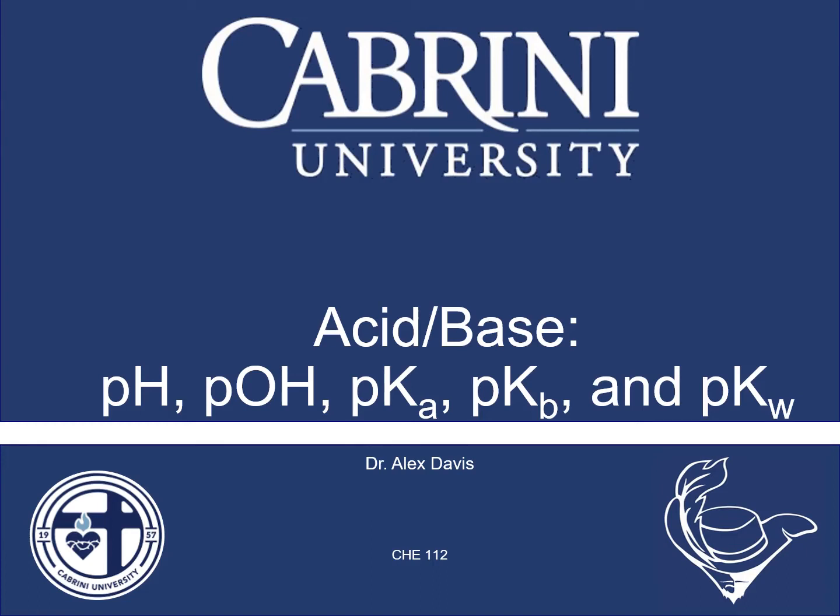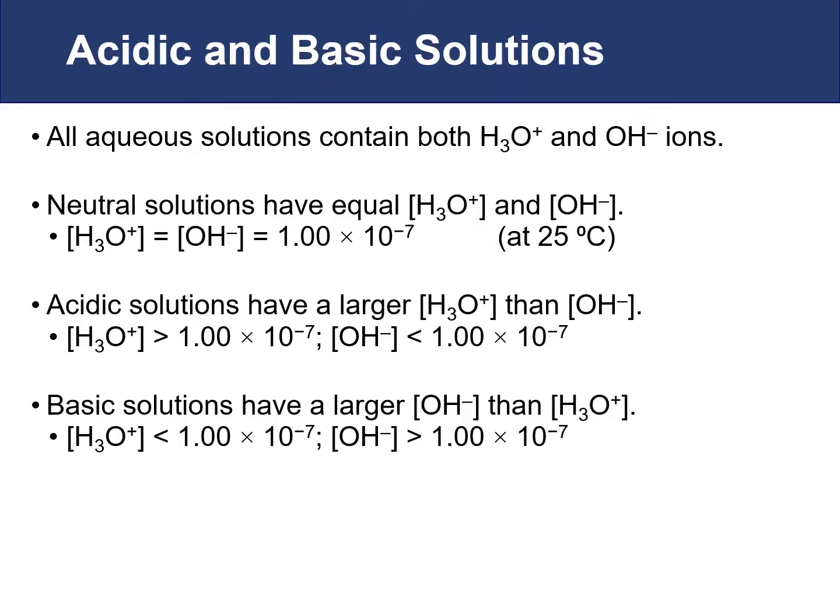In this video, I'll be talking about pH, pOH, pKa, pKb, and pKw, and how each one of these terms interrelates. In a previous video, I had mentioned that water autoionizes to form hydronium ions, H3O+, and hydroxide ions.